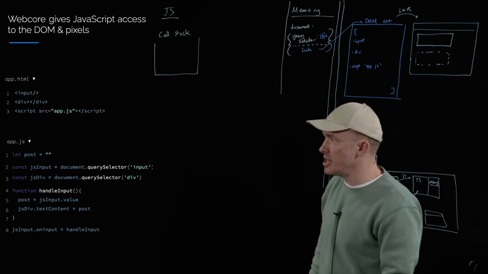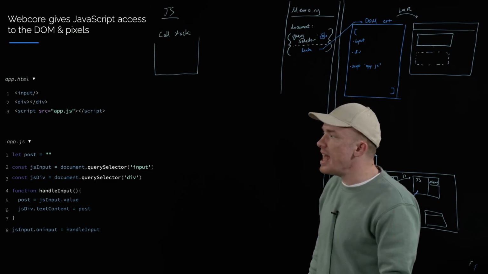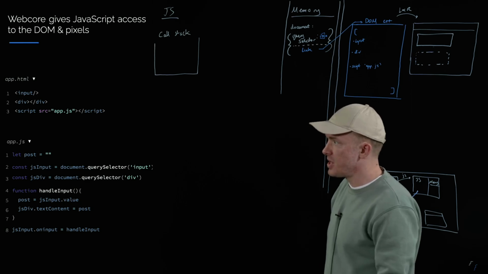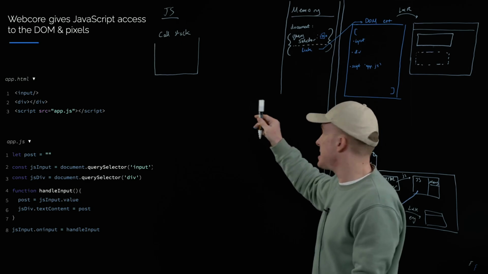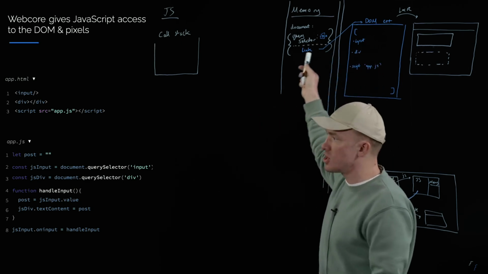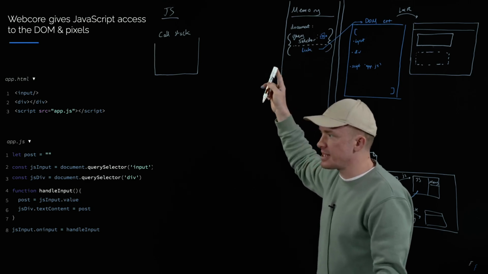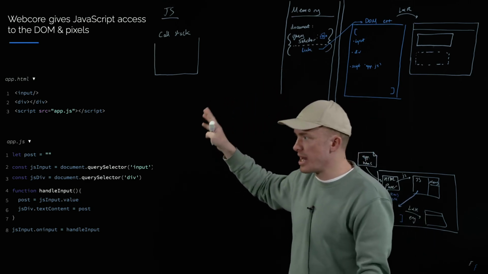We're then saving a function, handle input. We're then, this looks interesting, going to use on the linked object JS input, to the input element on the DOM, a property on it that does exist already. We're not assigning.